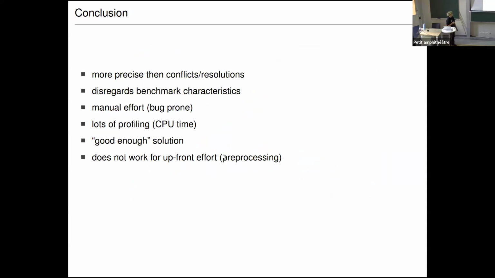So this is my conclusion. We have a mechanism to schedule things inside of the SAT solver, which is more precise than conflicts or propagations. We're kind of disregarding benchmark characteristics. So this is also why maybe you think, okay, restarting in the solver, why not schedule it with ticks?